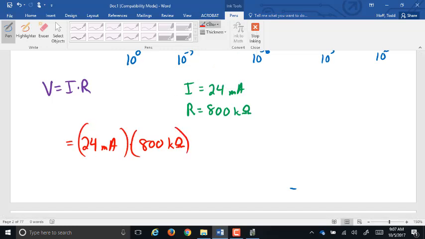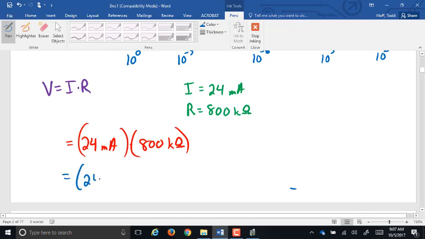The 24 milliamps will be written out as 24 times 10 to the negative third amps, since milli is negative third. 800 kilo ohms are going to be 800 times 10 to the positive third ohms, since kilo is 10 to the positive third.